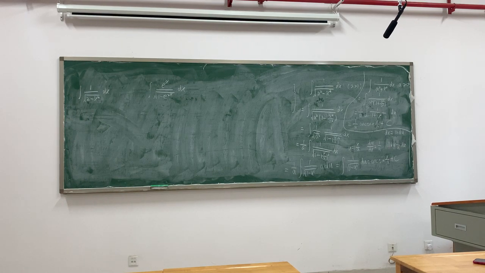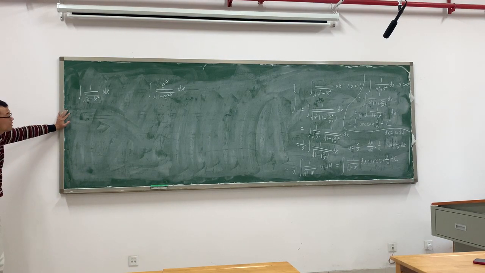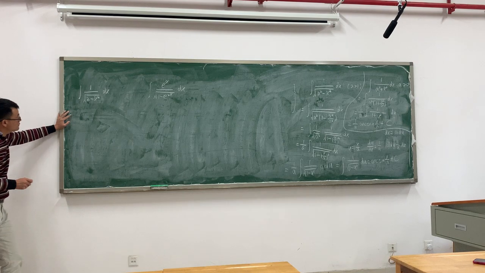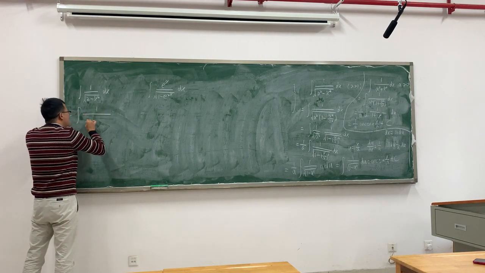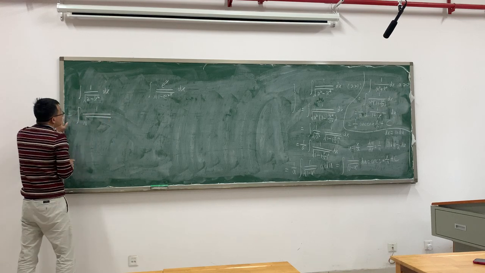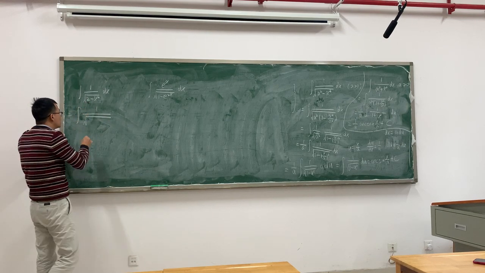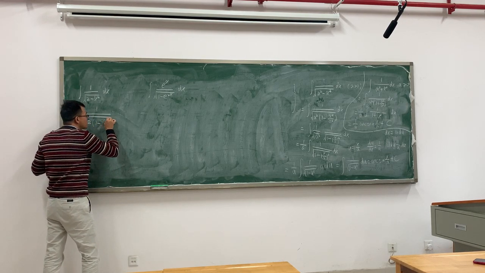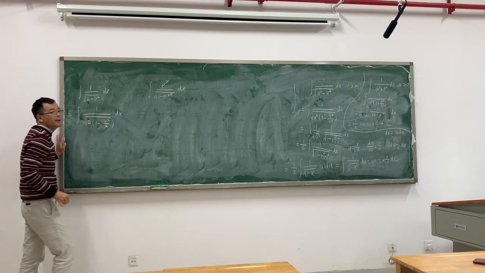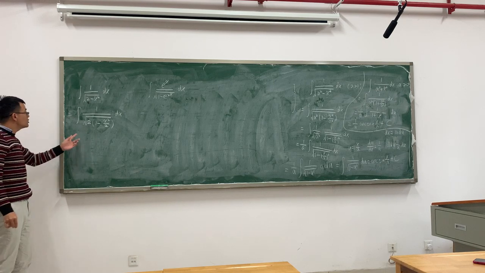Now, let's see the first one. Here equals 1 by the square root of 2 minus x squared. So we take out 2: 2 times 1 minus x squared by 2, dx. So we take out the square root of 2.